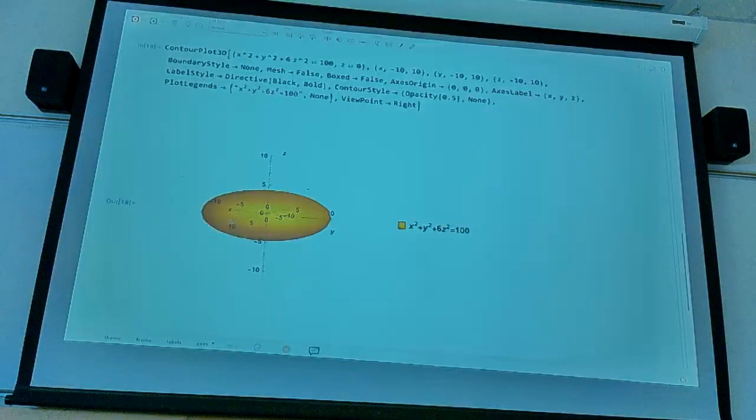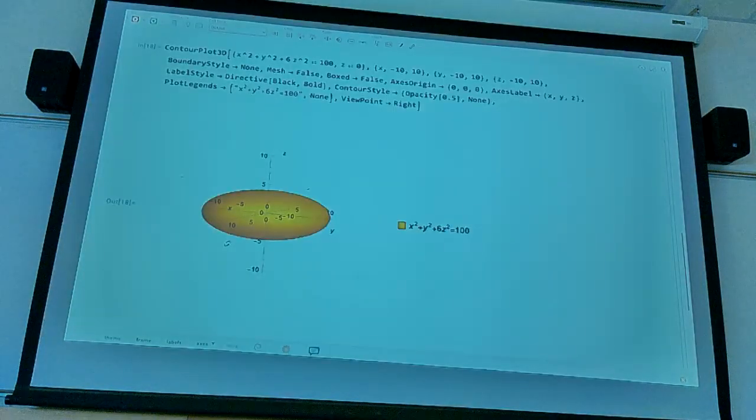What coordinate system is going to be the best? Spherical. Hmm? Spherical. If you're going to do spherical, what does rho go from? 0 to 2 pi.